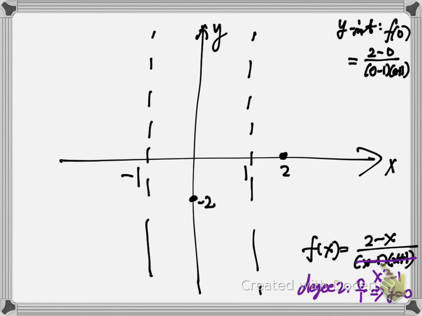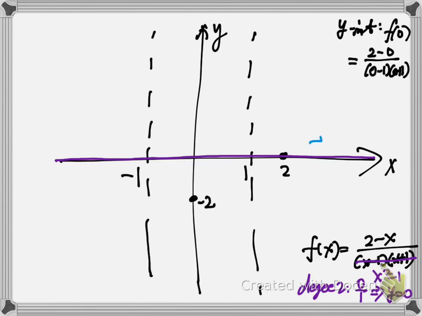So we look at the maximum degree on top and bottom, and then we got the horizontal asymptotes. So horizontal asymptote is the x-axis. That means the curve will approach that line. Now let's put plus sign, minus sign back on the picture.